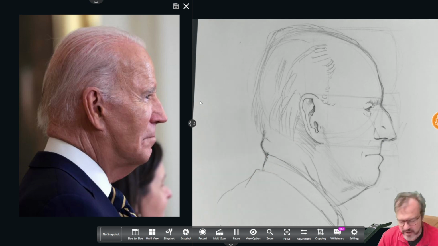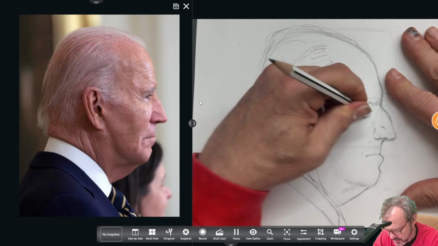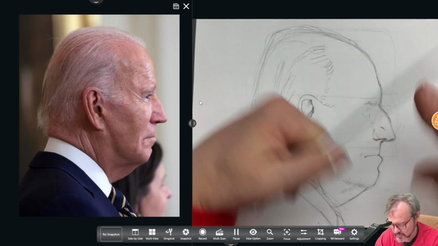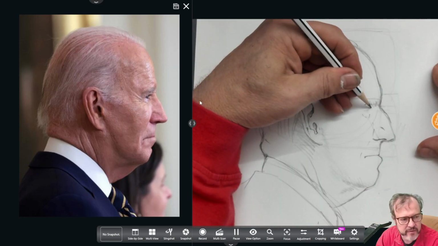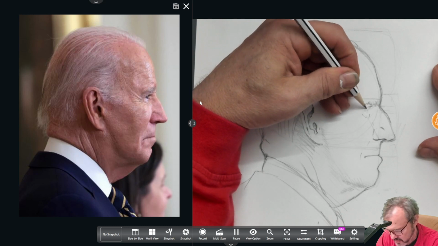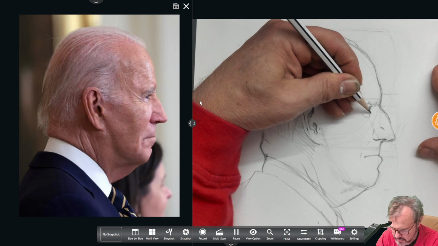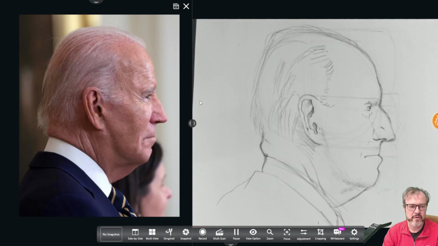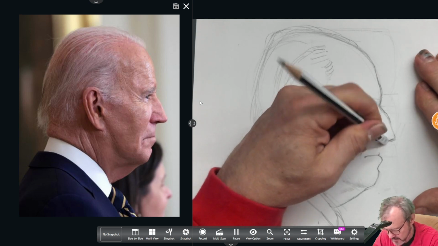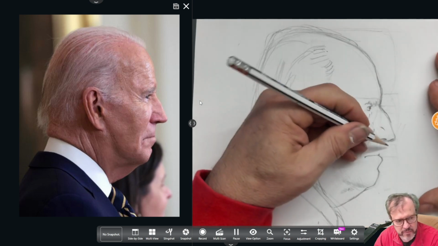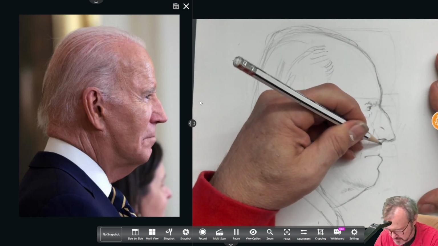So what I'm going to try first, it feels to me like I could put the eye a little bit higher. And you might be seeing different corrections in your drawing, and by a little bit I mean about 1/8 of an inch higher, like to there. And I'm going to try making the philtrum just a little further forward. Feels like it's maybe a little too far back.